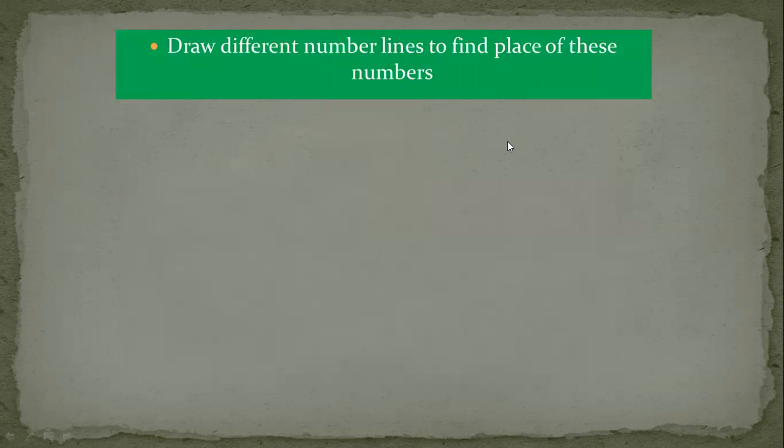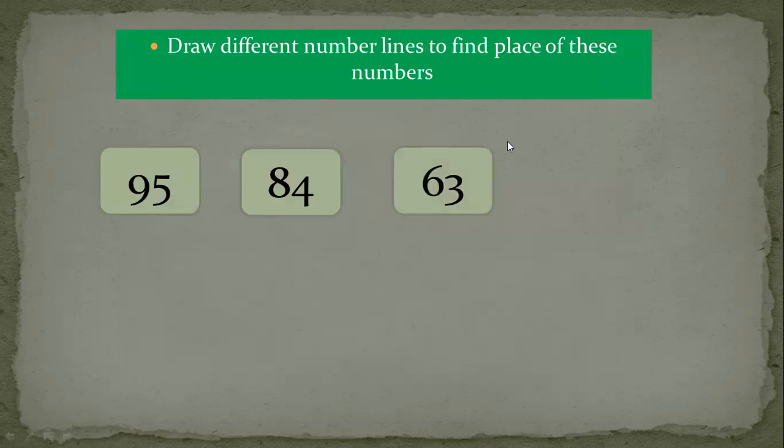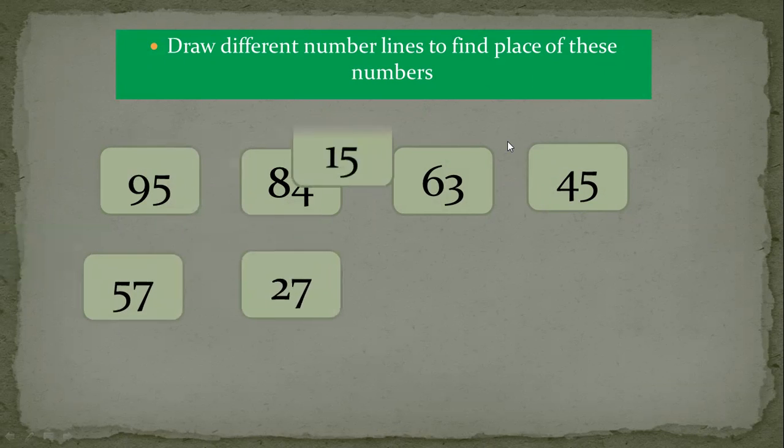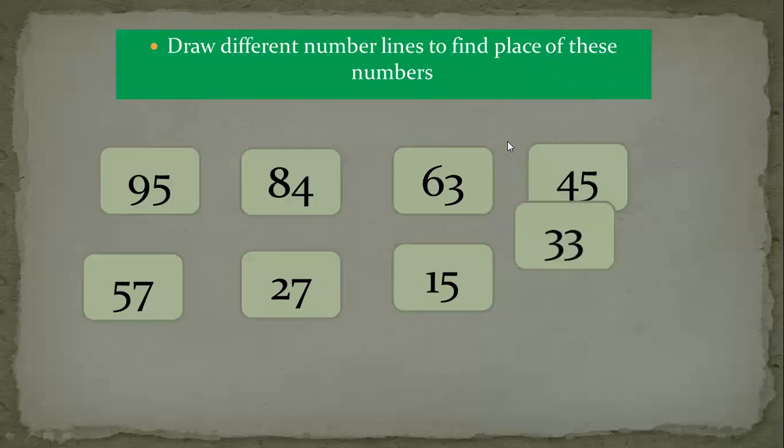Draw different number lines to find the place of these numbers. So here are some numbers, boys: 95, 84, 63, 45, 57, 27, 15, and 33. What is the question? See the question. Draw different number lines. For all these, you have to make different number lines, not one.